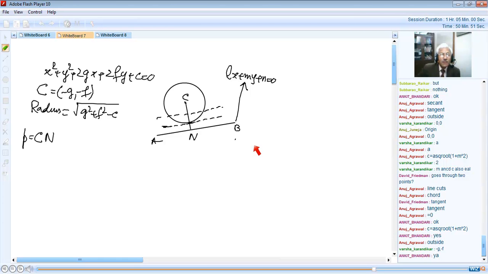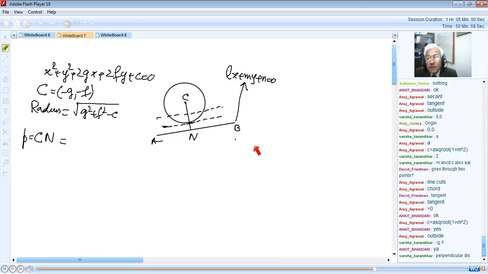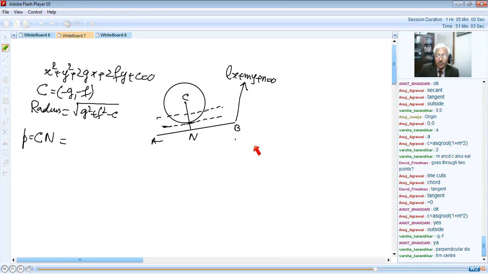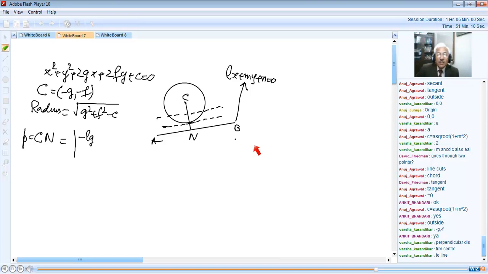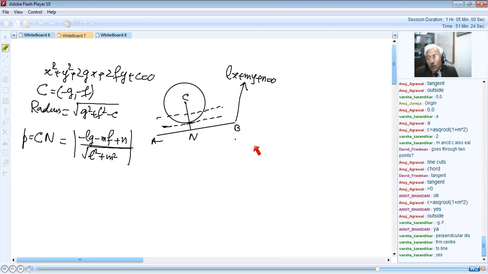I may write it as P. What is the length of the perpendicular from point C, which is (minus g, minus f), the center? That is equal to (minus lg minus mf plus n) divided by under root of l square plus m square. Do you agree, all of you? That is the length of the perpendicular from a point to a line.